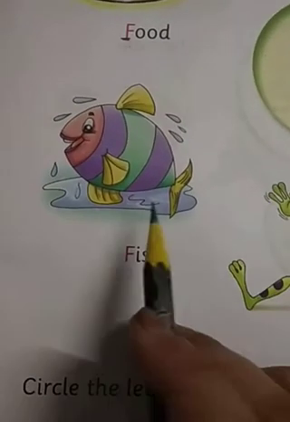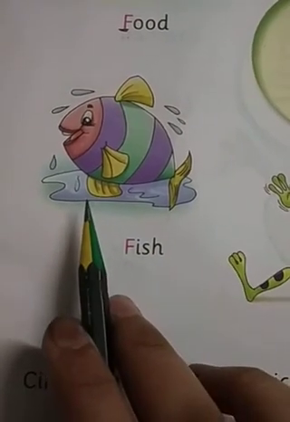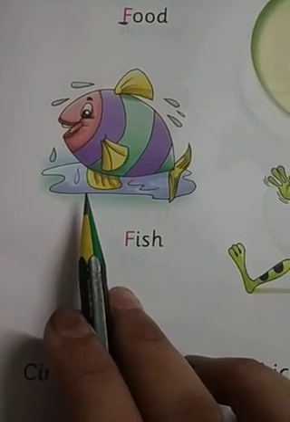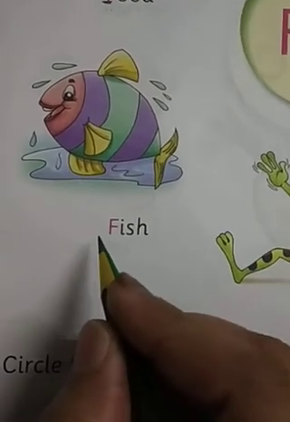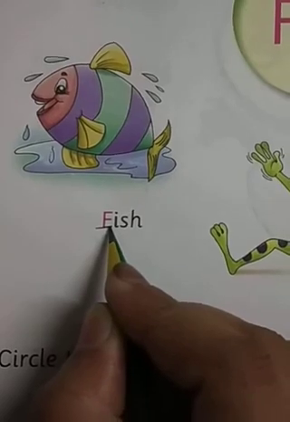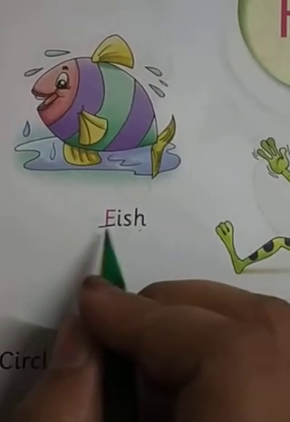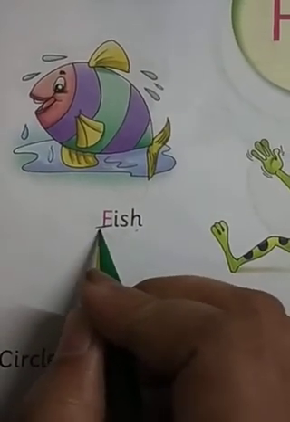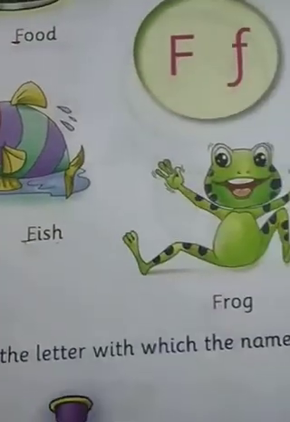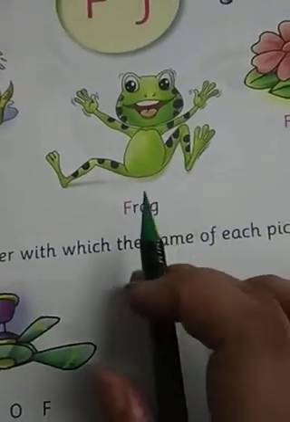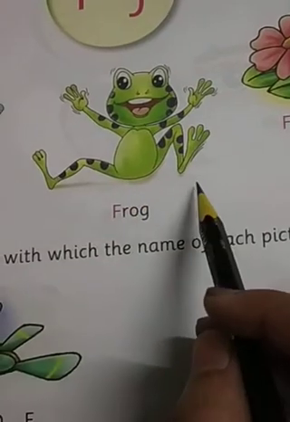Look, this water animal is a fish. F for fish. Fish starts with letter F. The next one, who is dancing here? This is a frog.